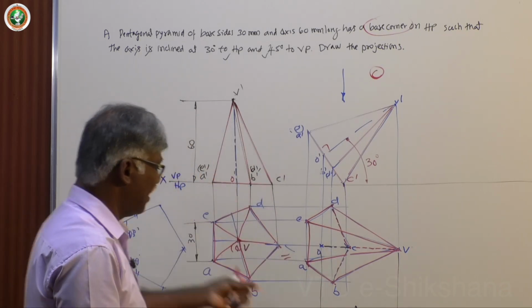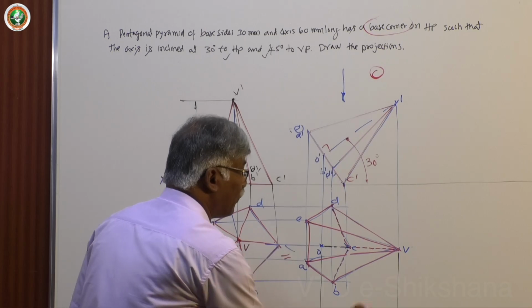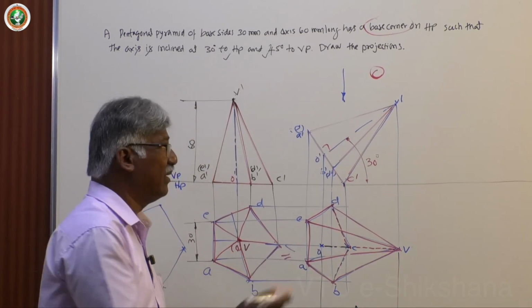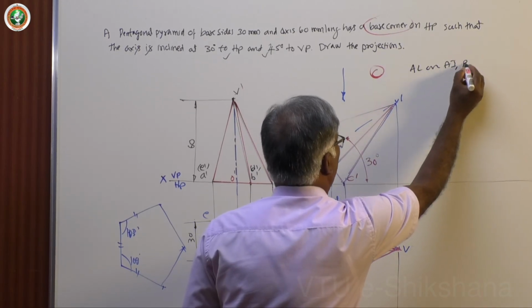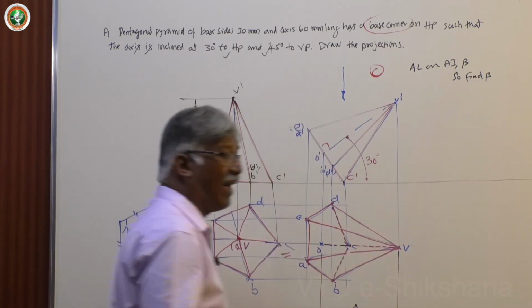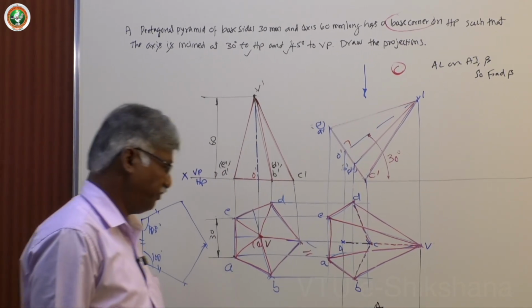True length is 60, apparent length will be less than that definitely. Now, you are supposed to find beta. Why do you have to find beta? OV is apparent length, AL on AI, apparent length on apparent inclination, that is beta. So, find beta. This is how you can analyze the given problem, whether to find beta or not.